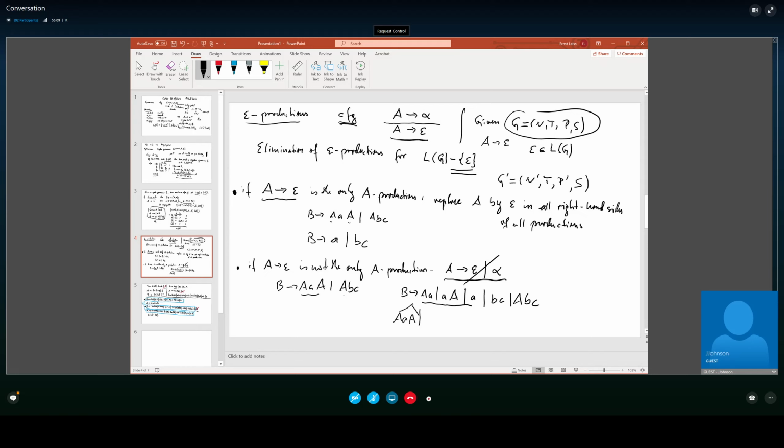So the explanation I've given you was that I was going to replace any of the A's by epsilon. Now this of course means I'm not replacing any of the two. So if you want to get it complete, then obviously B goes to AAA or AA or AA or A.